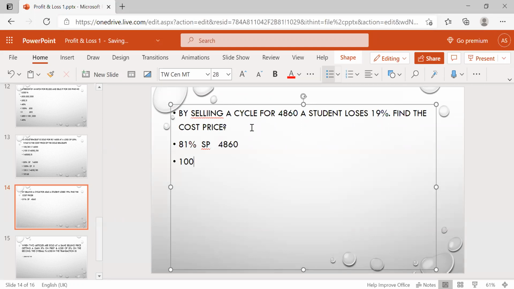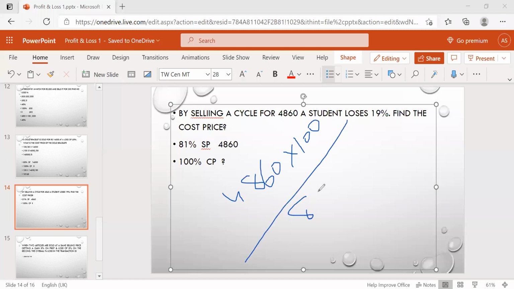And 100% cost price, what's that? 100% of the cost price is question mark. Just cross multiplication. Here 4860 into 100 by 81. You get this. Okay.